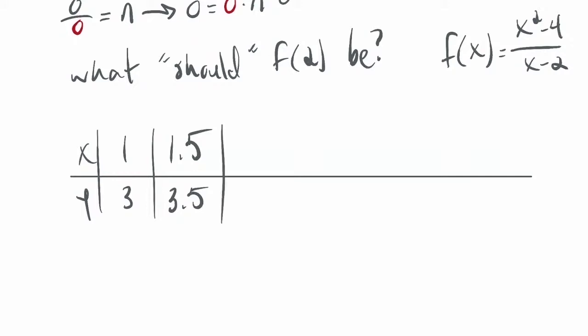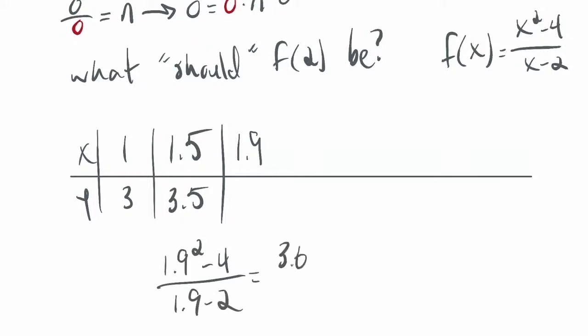What about 1.9? Well, I'm going to do this one by hand again. After that, it's going to start getting a little tedious, so we'll switch to calculator in a minute. So 3.61 minus 4 over negative 0.1.